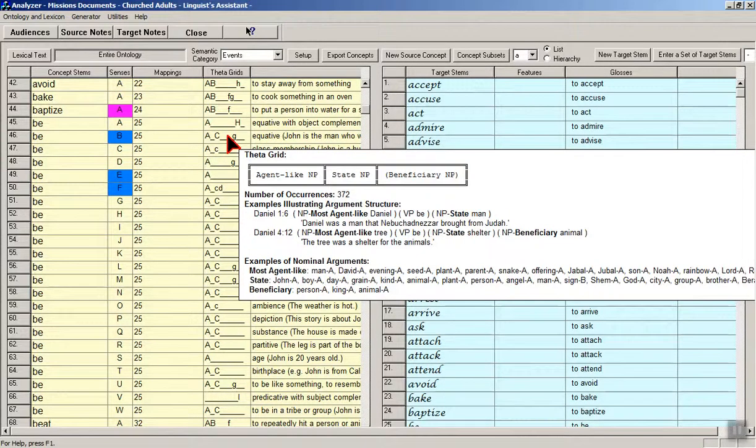So an example is like, Daniel was a man that Nebuchadnezzar brought from Judah. Or the tree was a shelter for the animals. So you can see that it's saying that something is the same thing that's mentioned in the last part of the sentence.